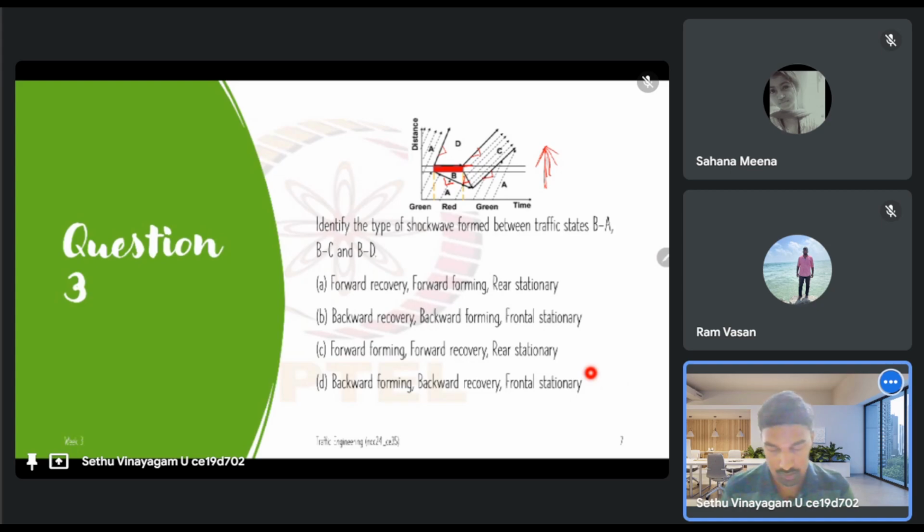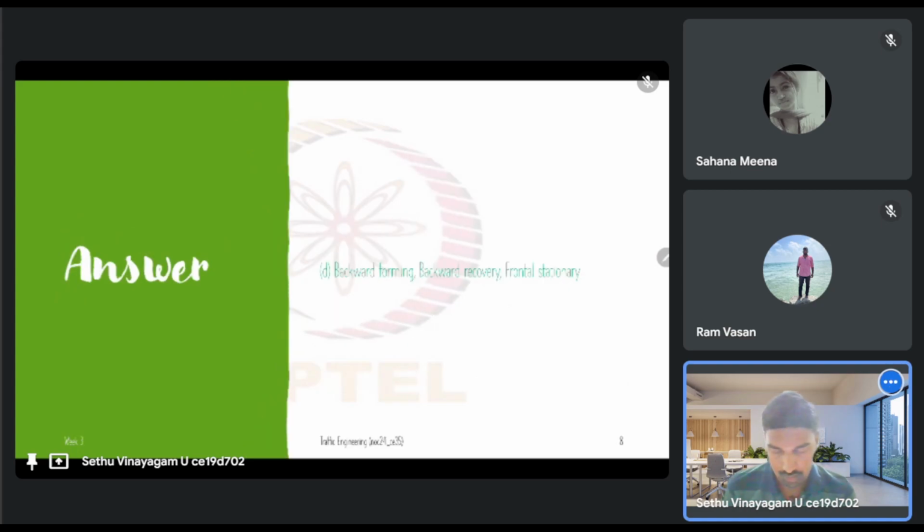So we'll see it in this way. First we look at forward. So for a forward shock wave, if this is your distance and this is time, this is always fixed, distance and time. Which means this area is your downstream, and this area is your upstream, right?